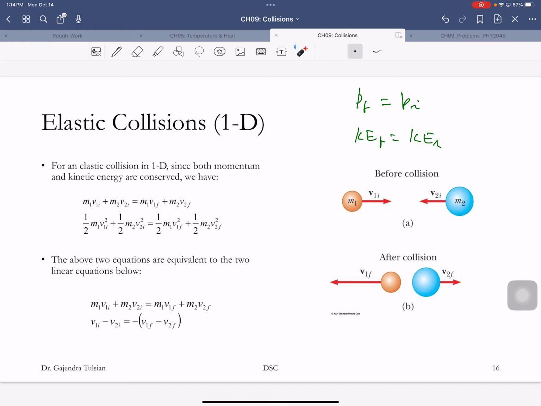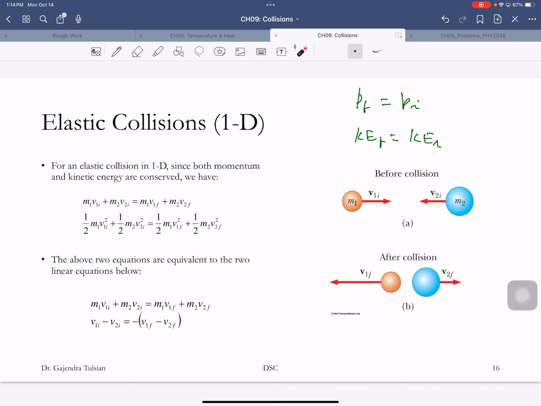Now, in one dimension here are two equations, and you can solve for two unknowns. But it turns out that with a little algebraic manipulation, since this is a quadratic equation in velocity, you can reduce this to two linear equations.